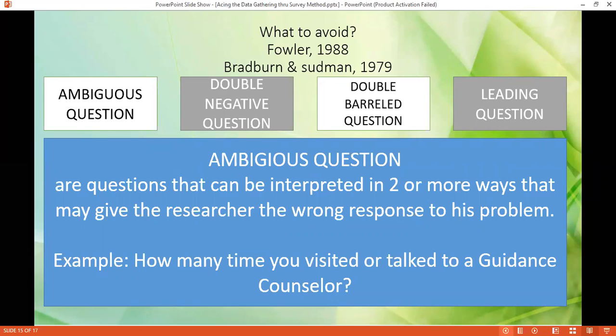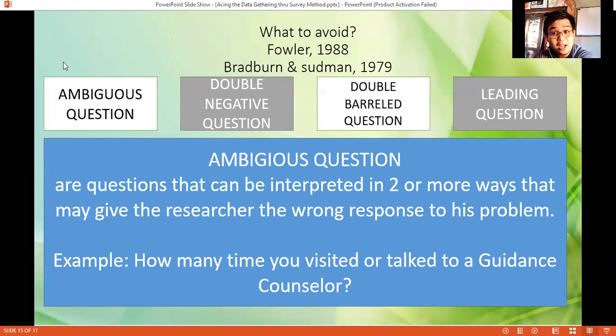That is ambiguous. In the example here, how many times you visited or talked to a guidance counselor. You visited or talked. Iba ang situation kapag nag-visit ka lang, dumaan ka lang, and then you actually talk to a guidance counselor. So you need to avoid this.